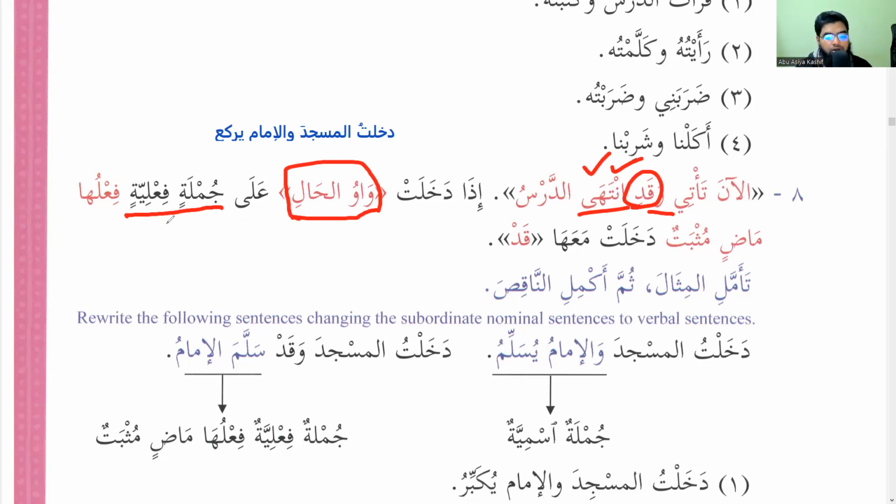But if you want to do it with a verbal sentence, then fi'luha madin. So you have to use it with madi, because something is happening while something was happening, right? And muthbat, it should be affirmative, right? Dakhalat ma'aha qad. You should use it with waqad.